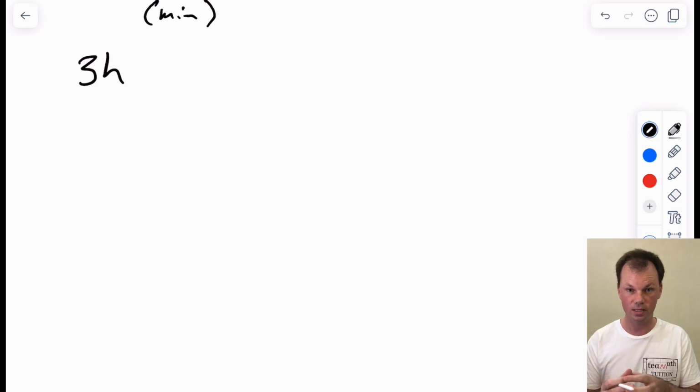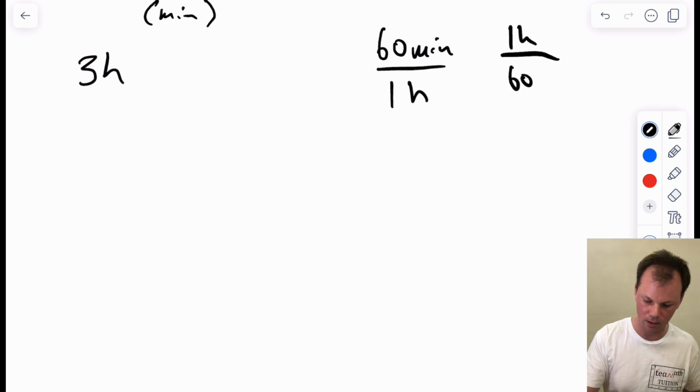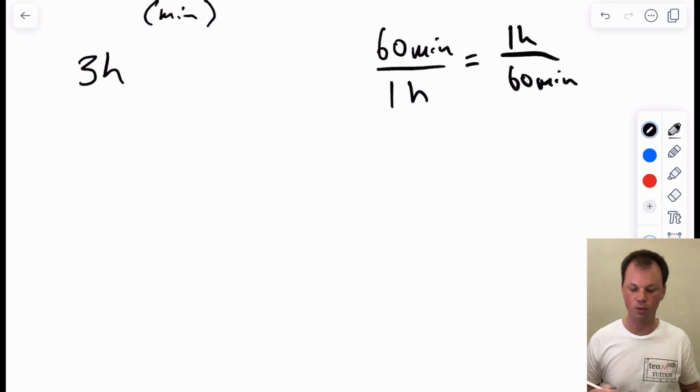Let's have a look at some different representations of 1 involving hours and minutes. So we know there's 60 minutes in 1 hour. And we know there is 1 hour and there's 60 minutes here. So both of these things are equivalent. They're both representing 1.